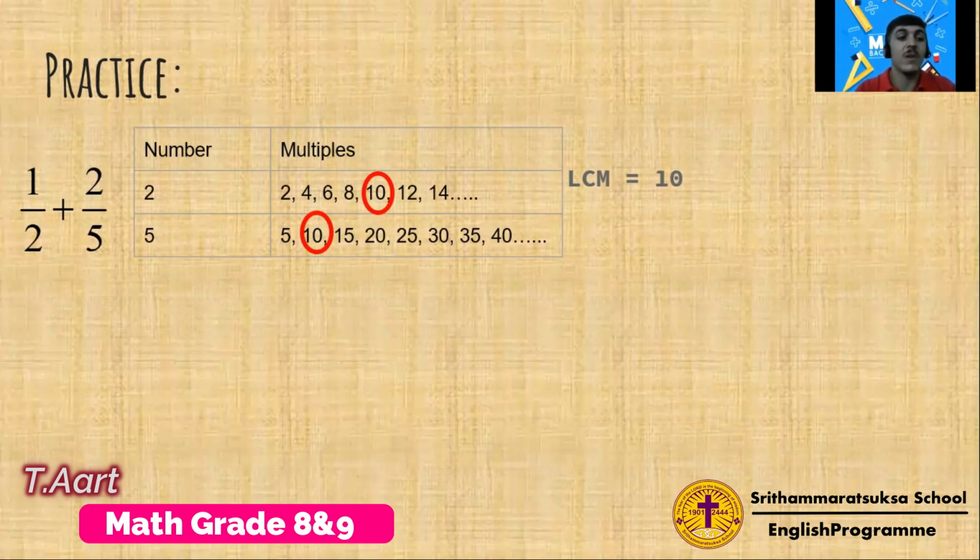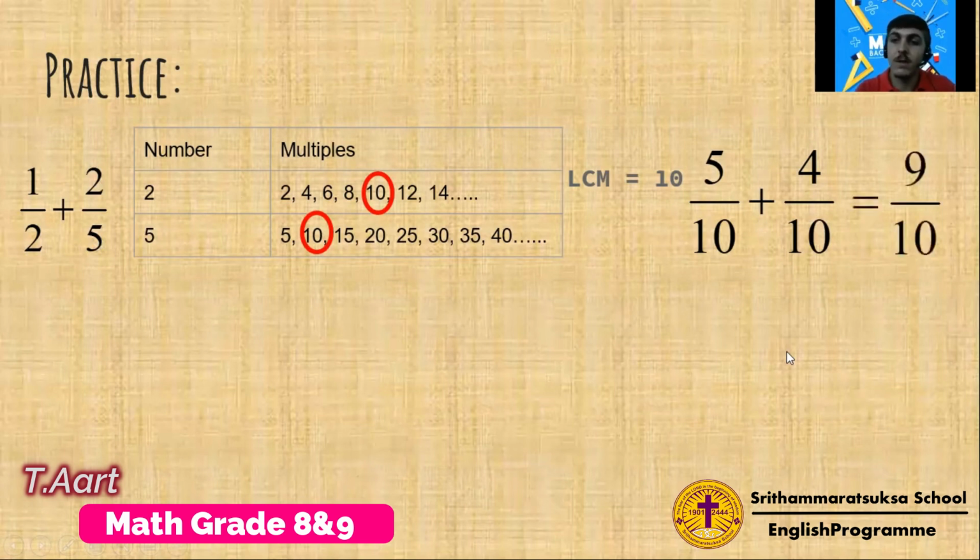So 2 times 5 and the 1 times 5 is going to be 5 over 10. And 5 times 2 will give us 10. So we say 5 times 2, and then we say 2 times 2. So we're left with 4 over 10. And now we add the top two numbers, and our final answer is 9 over 10.